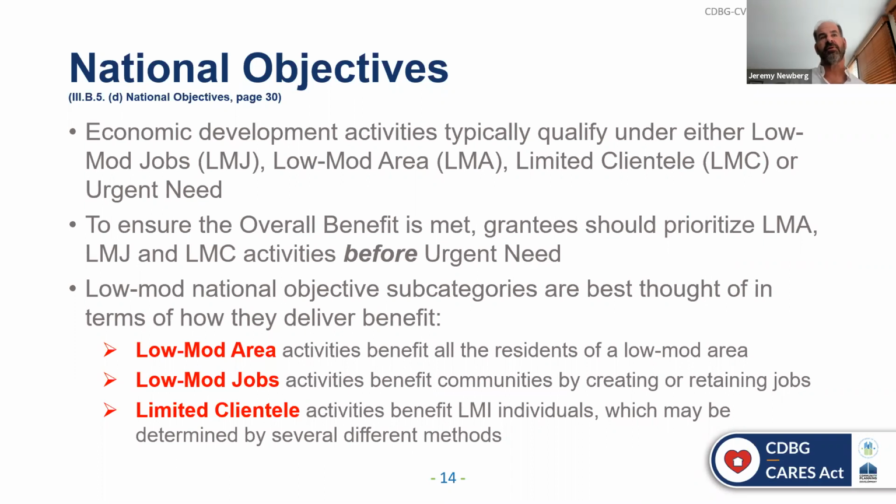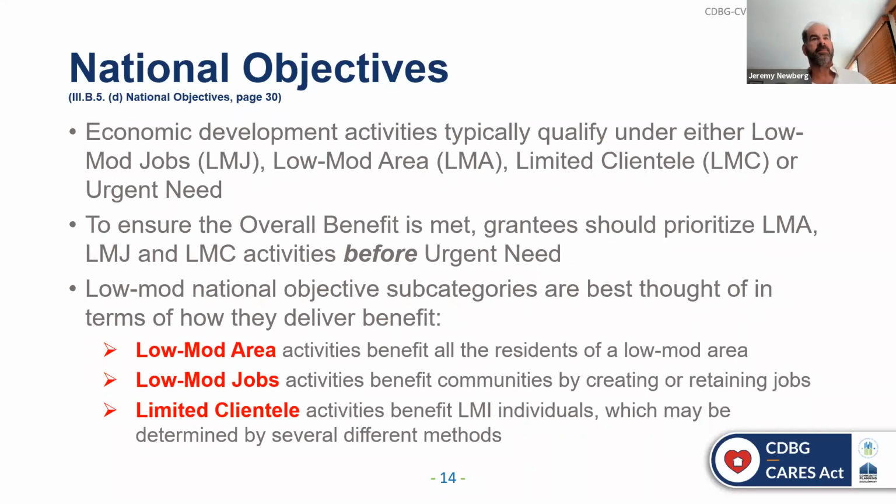Make sure you can prove that there weren't any other funding sources that could have paid for what you want to do with CDBG-CV under urgent need. So we recommend that you prioritize low mod areas, low mod jobs, low mod clientele before urgent need, if at all possible. It is a safer strategy for compliance.